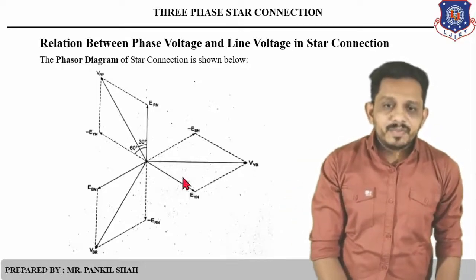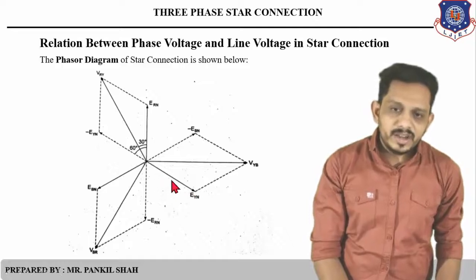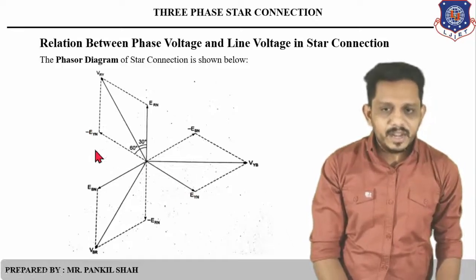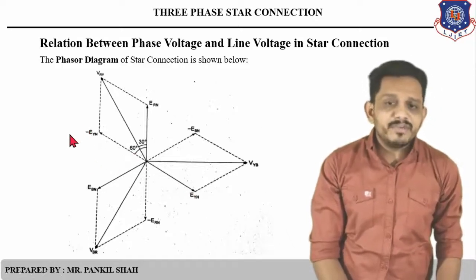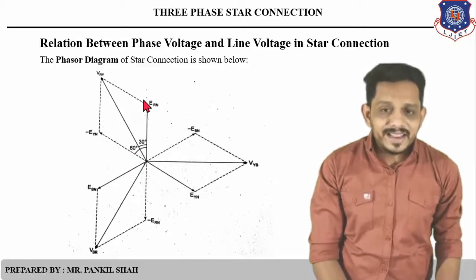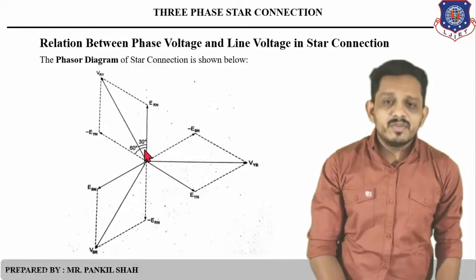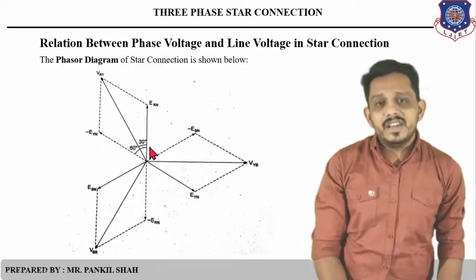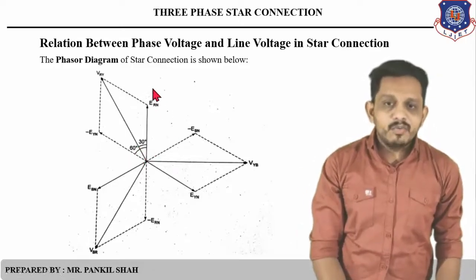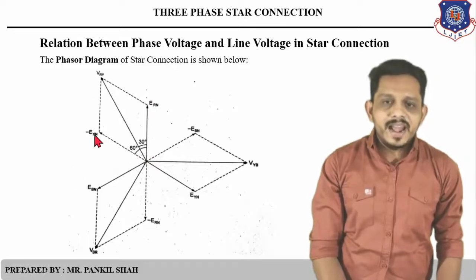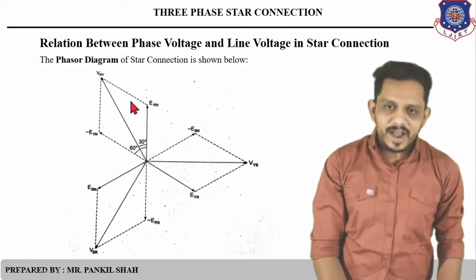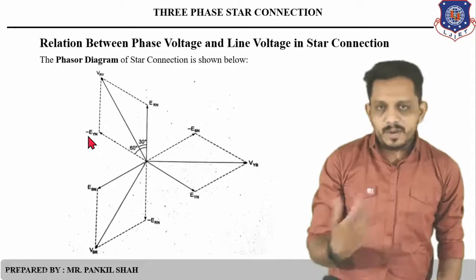If EYN is drawn here, then the reversed vector, that is the negative vector, is drawn here. If this vector is reversed, then the total angle was 120 degrees, but now that this vector is reversed, this angle will be 60 degrees. So basically now we have to add ERN and the negative of this vector, that is EYN.